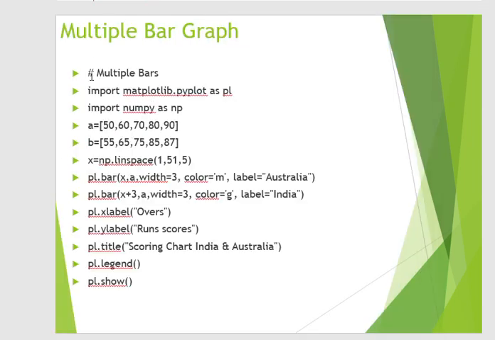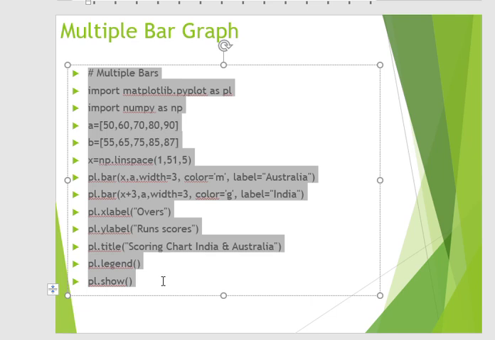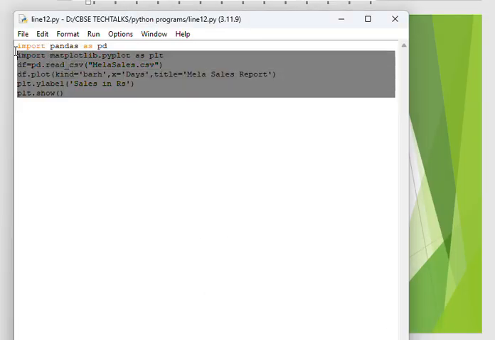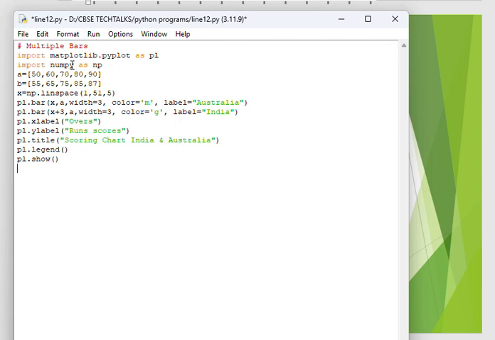Now the next, you can have multiple bars also, more than one bar. I have just shown you that you can go with more than one bar. So if you want to, we can go with this code also. In this case we are not using a CSV file. I have used A and B, two arrays, you can say lists, and I have used line spacing as 1, starting from 1 till 50, with a gap of 5.